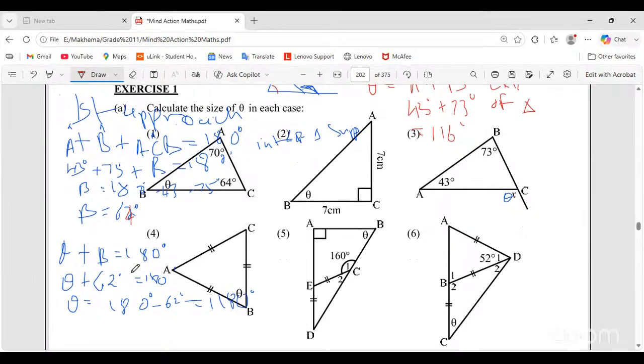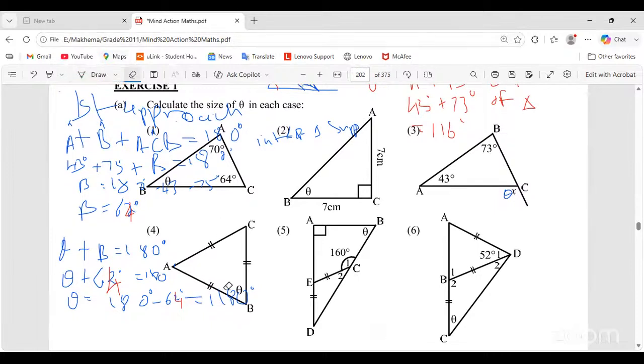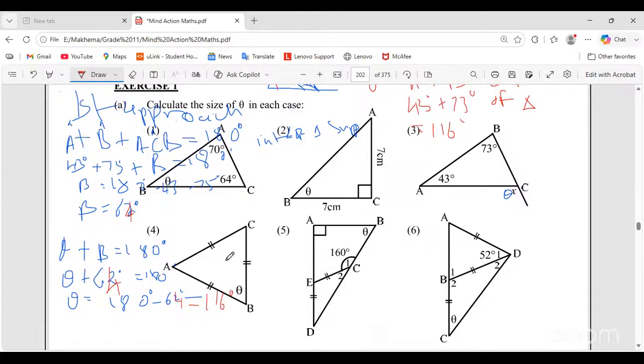And then now we will have 64 here, and 180 minus the 64 will give me 116 degrees. Yes, here it is. Now it gives me 116 degrees. I hope it makes sense to everyone, guys.